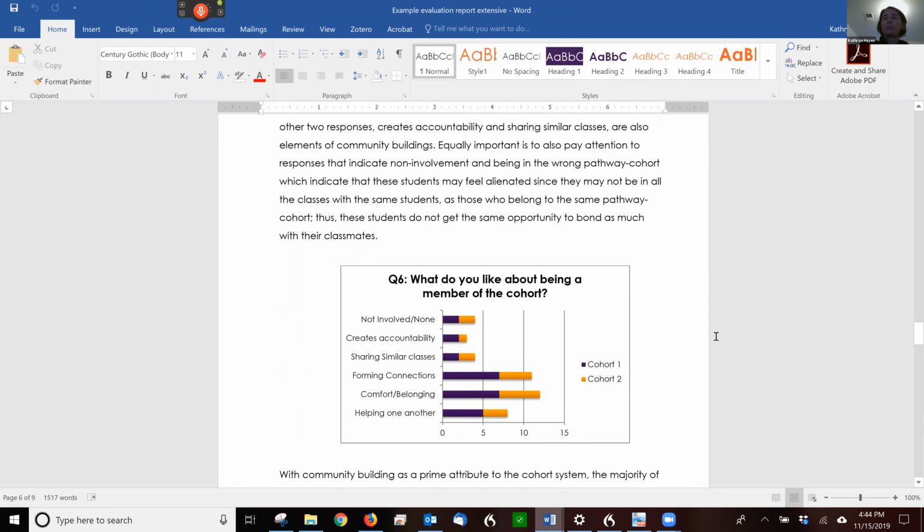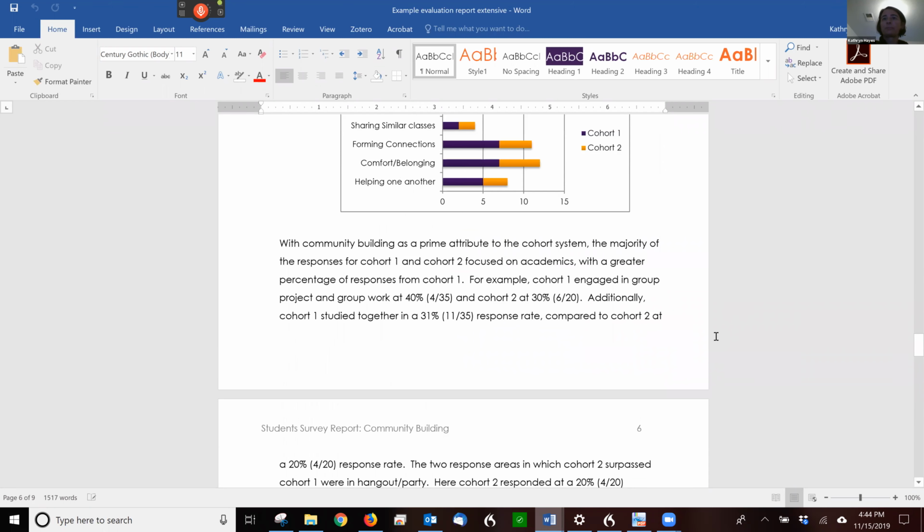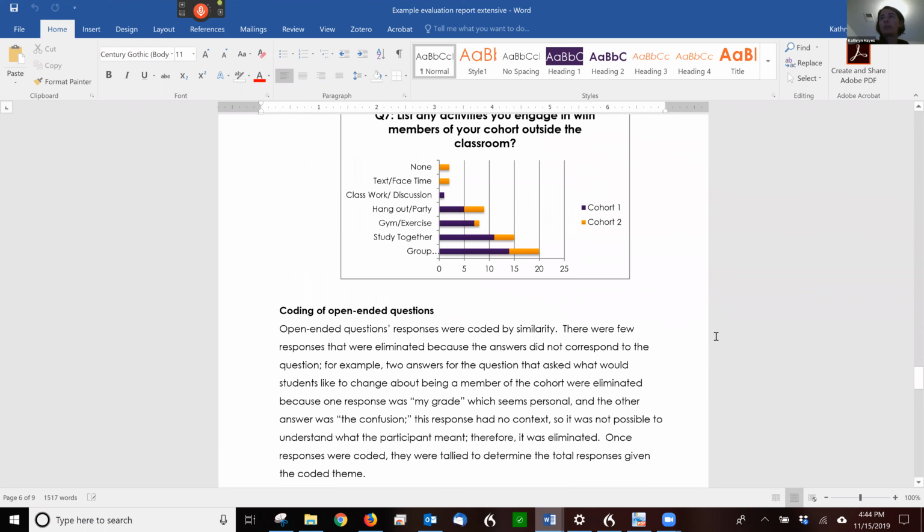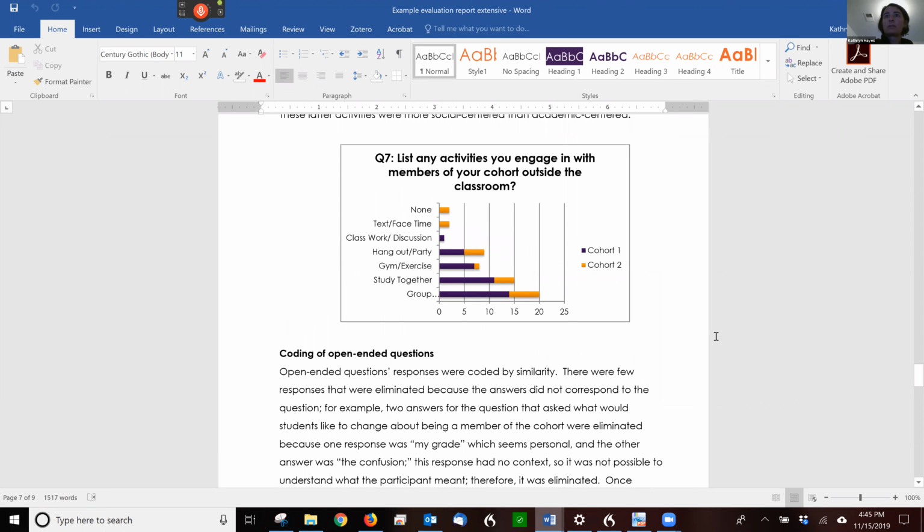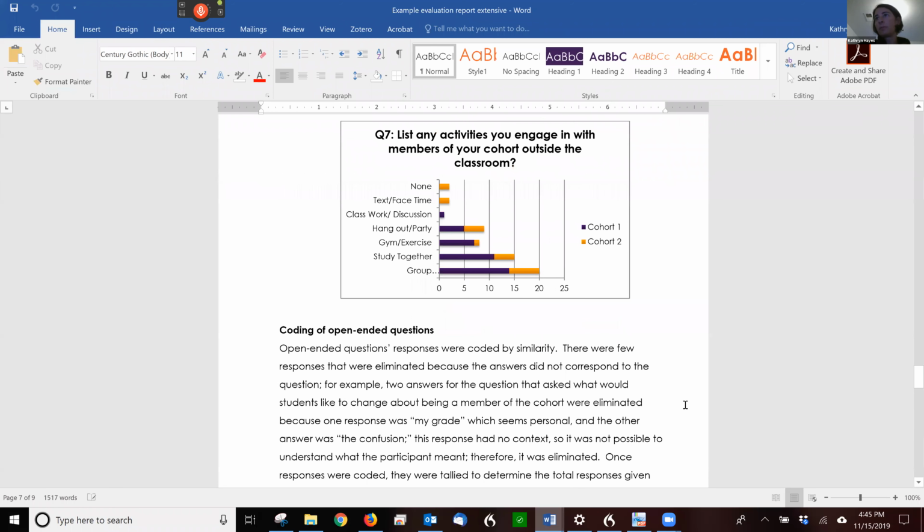And then they list the items. Now they had 3 open-ended questions that they coded all of them. But you can maybe just code one of your open-ended questions if you have more than one.